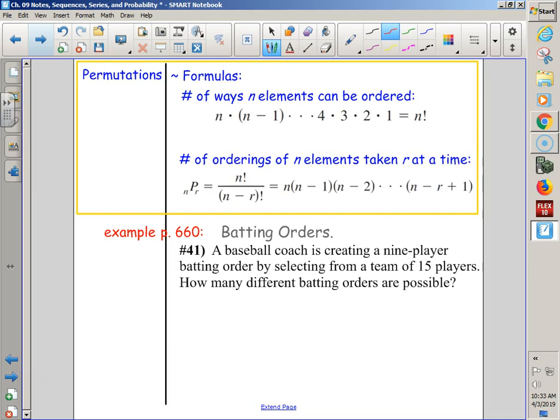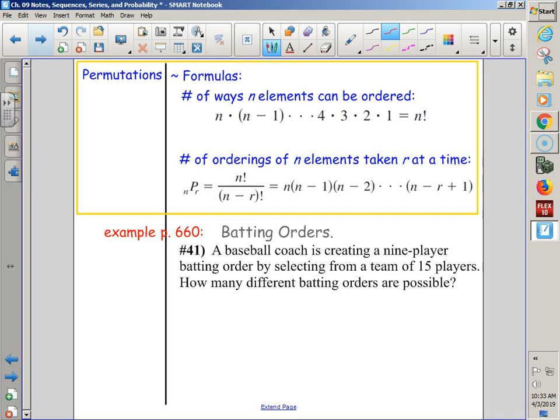So it's not always just taking people and arranging them like a seating chart or a batting order or arranging Scrabble tiles on a board. It could also be electing people to offices. But anyway, permutations. Order is important.